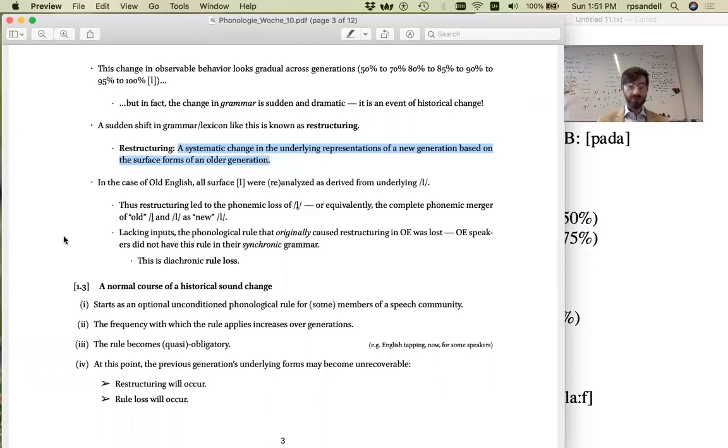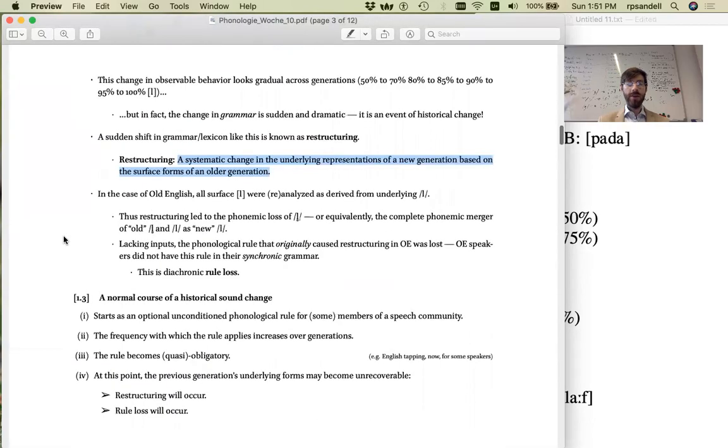So to summarize what has happened here, it looks like in the case of Old English, all instances of surface voiced lateral approximants were derived from underlying voiced lateral approximants.